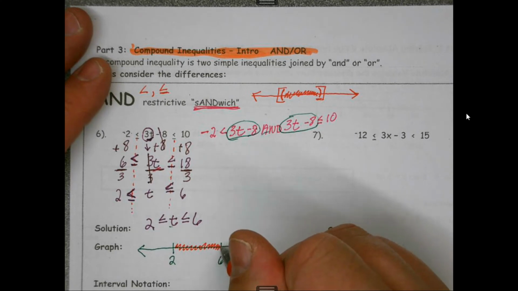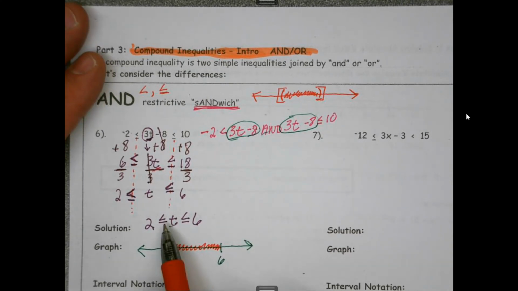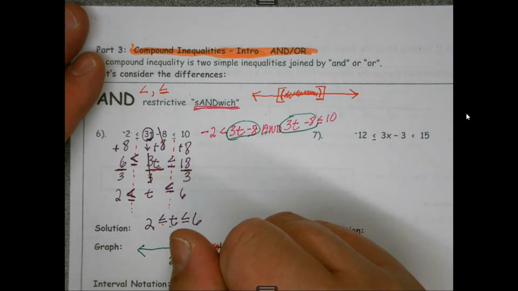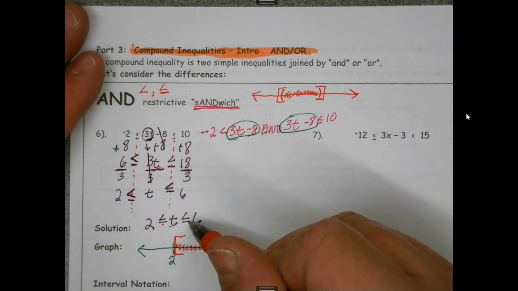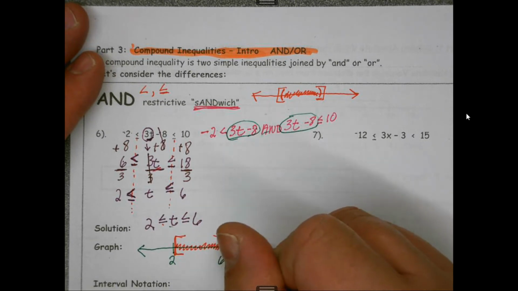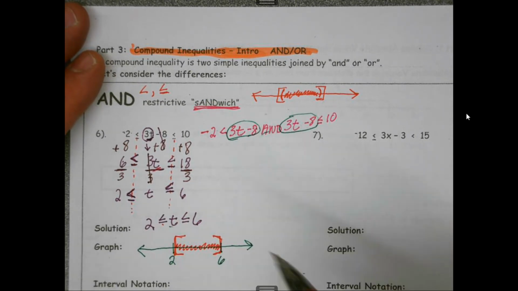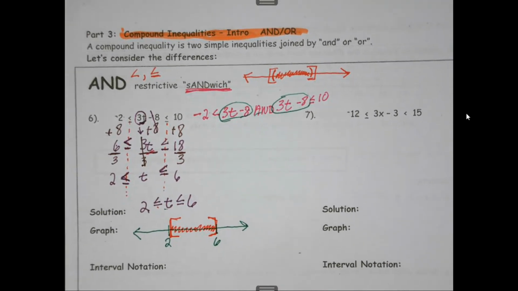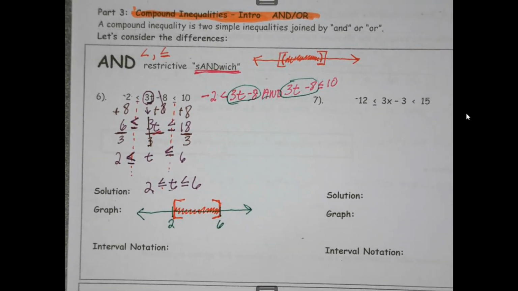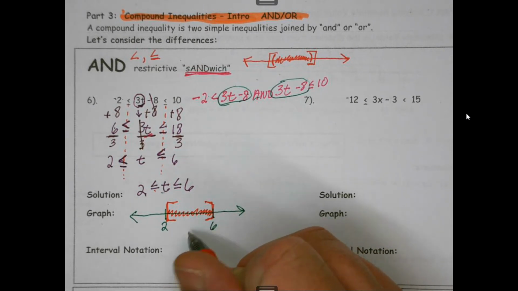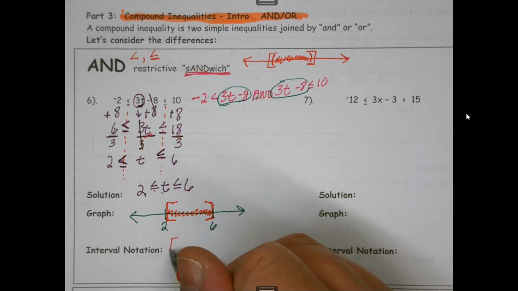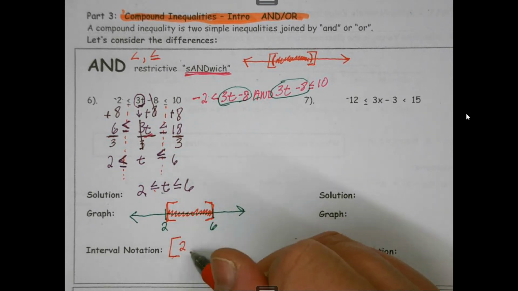It includes 2, and it also includes 6 because of that equal sign. For interval notation, for "and" inequality statements, it's usually just the one interval. So I have bracket, 2, 6, bracket.